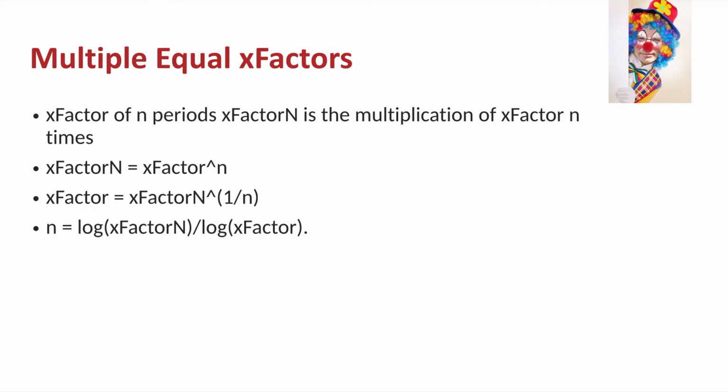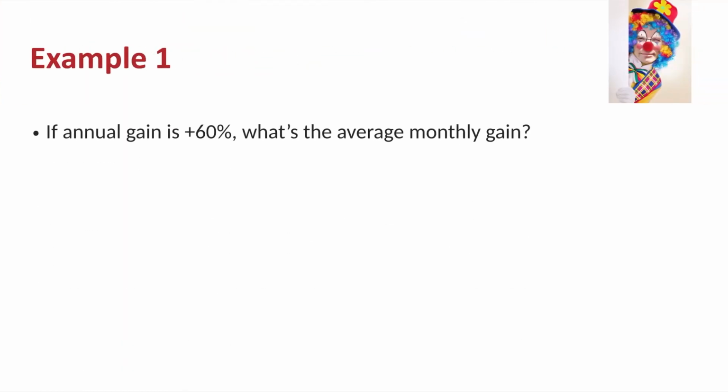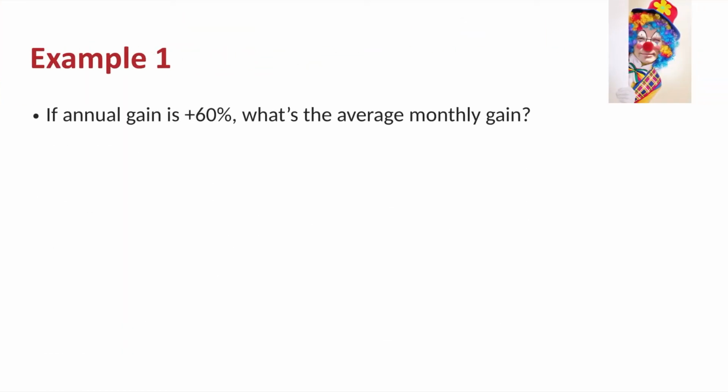Let's do also here examples. Example 1. If your annual gain is 60%, what's the average monthly gain? So the number of periods is 12 here, because 12 months are building 1 year, right? And we also have the x factor n.